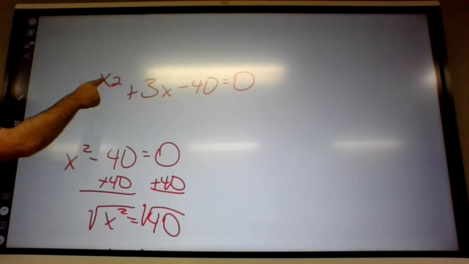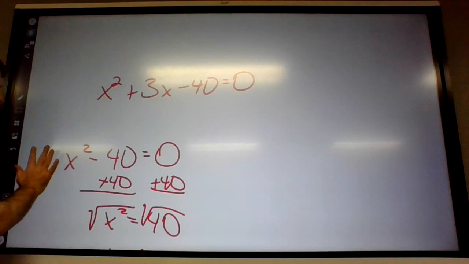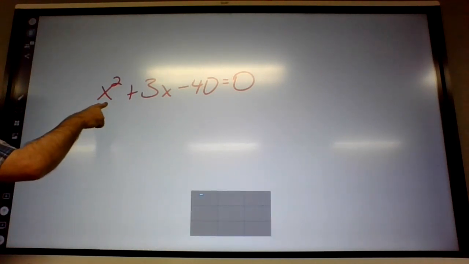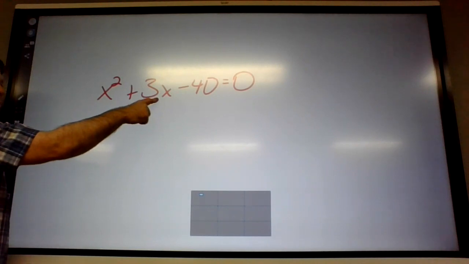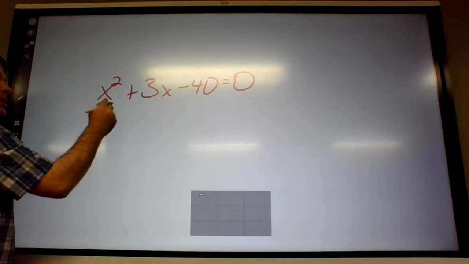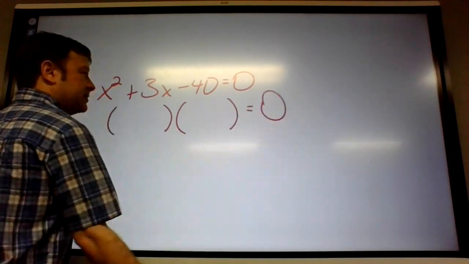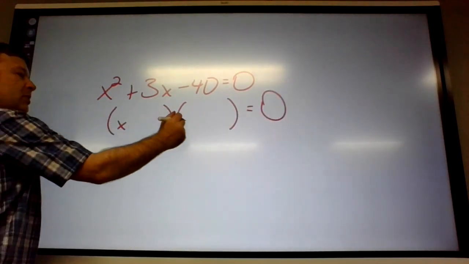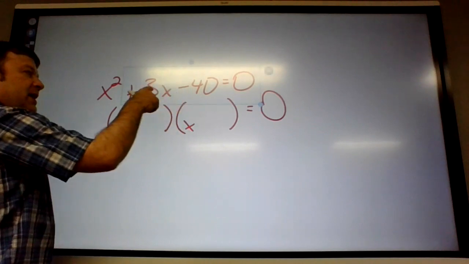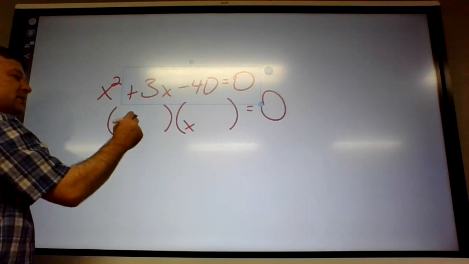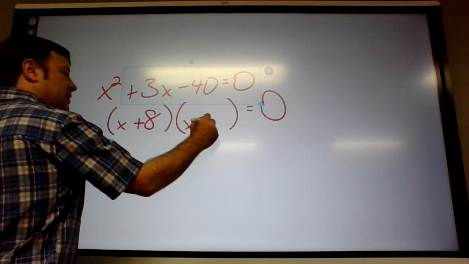Okay, that was Thursday, but this was Wednesday, I think. Nobody remembers? Okay, so you can't just get x squared by itself. Why? Because there's a plus 3x right there. So what we had to do was factor. Remember doing that? Okay, what multiplies into negative 40 that adds up to 3? 5 and 8. So how do you get 3 out of that? 8 minus 5.